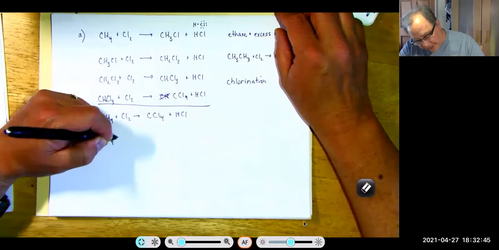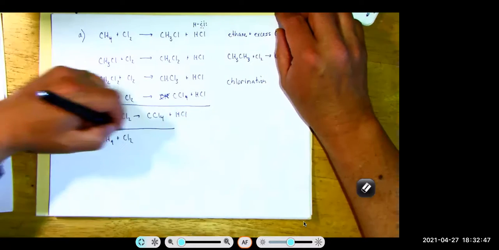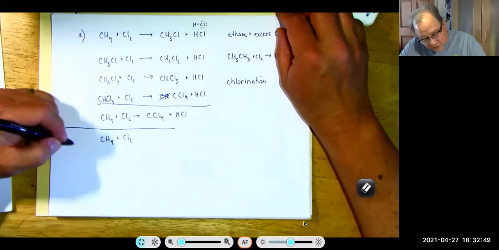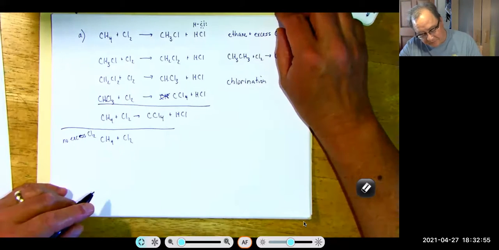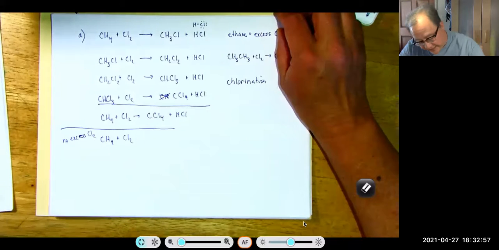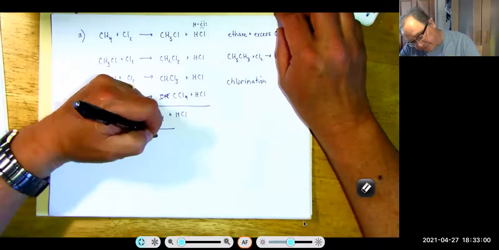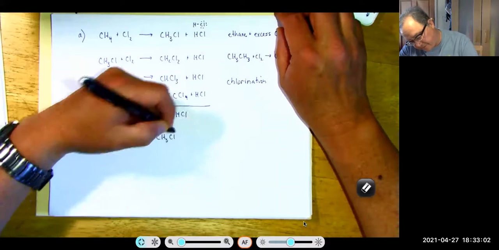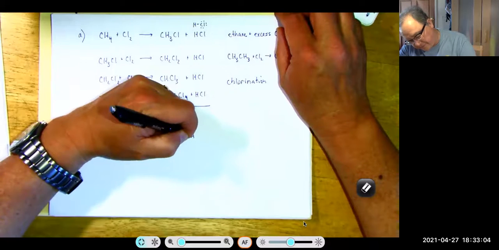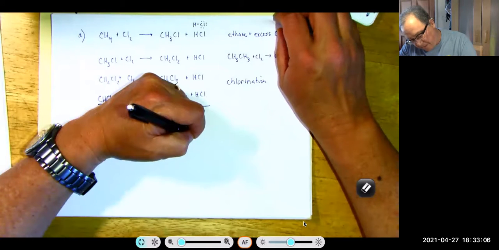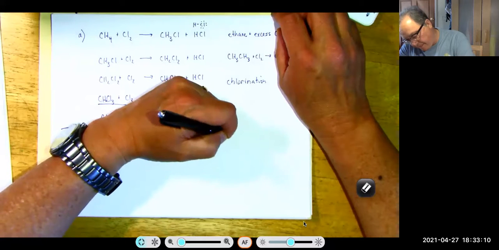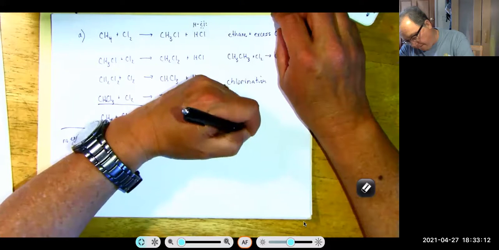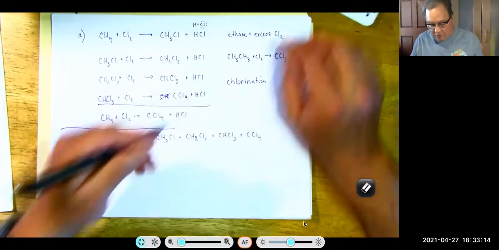CH4 plus chlorine. So we're going to adjust A, but we're going to say no excess chlorine. What are your products? And the answer is you'll get all 4 of those.